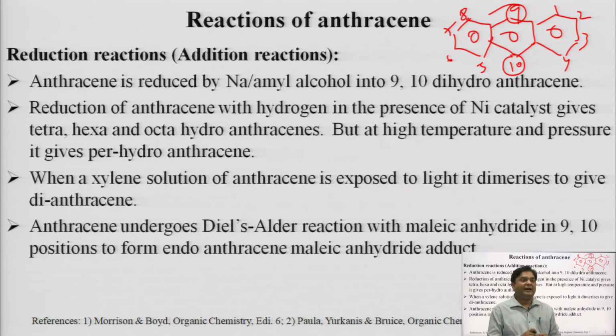When a xylene solution of anthracene is exposed to light, it dimerizes to give dianthracene. It also gives the Diels-Alder reaction with maleic anhydride, where maleic anhydride acts as the diene and anthracene acts as the dienophile.